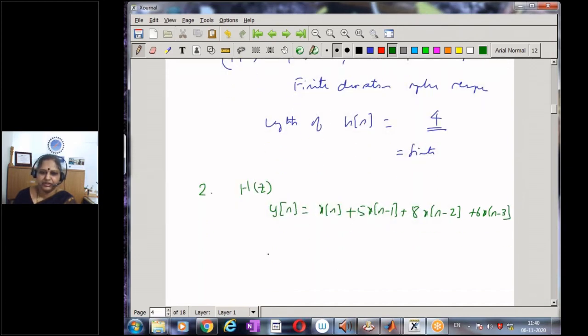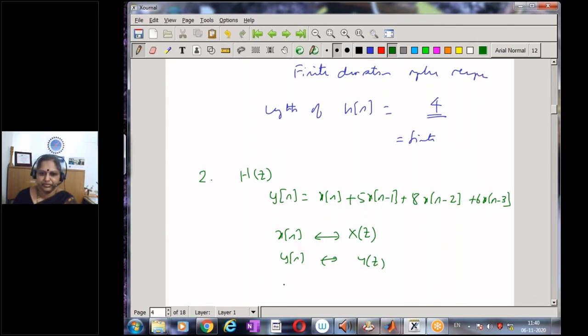We saw in the previous module that if x of n has a z transform X of z and y of n has a z transform Y of z, then by the time shift property, x of n minus n naught has a z transform X of z times z to the power minus n naught.